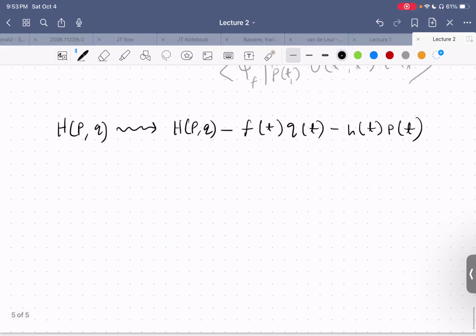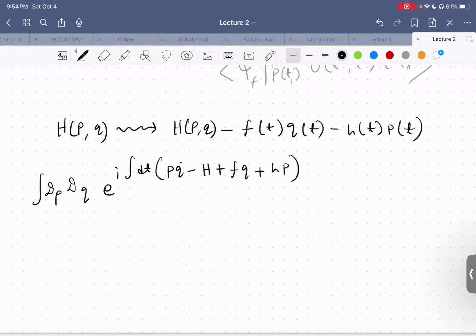What we get now is that our path integration becomes dp, dq, and we don't even integrate over f and h. So they are some fixed functions. And then we have i. So this is now our path integration.